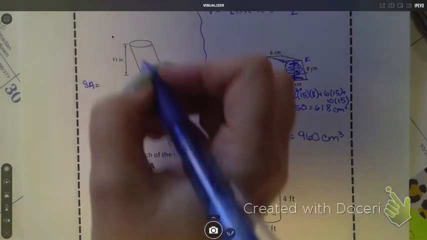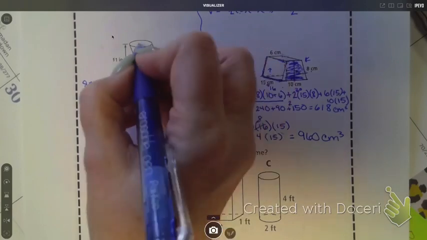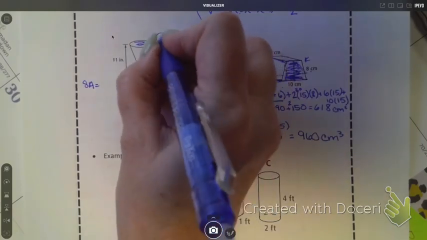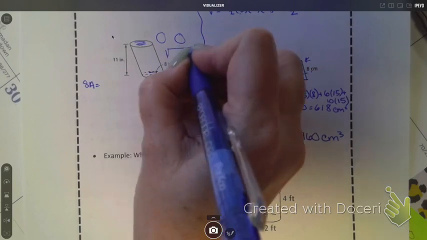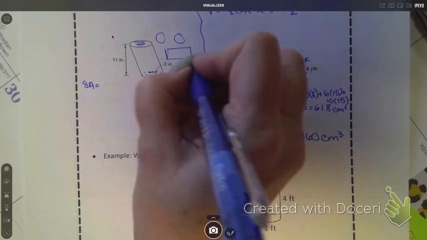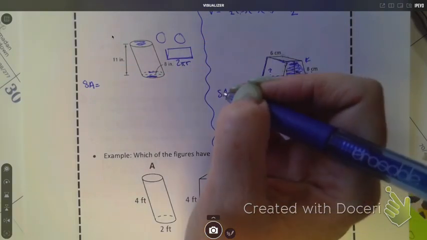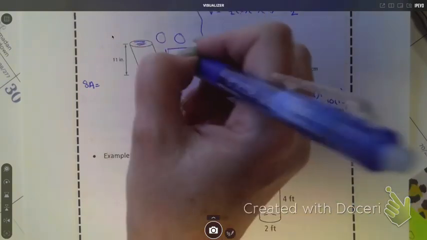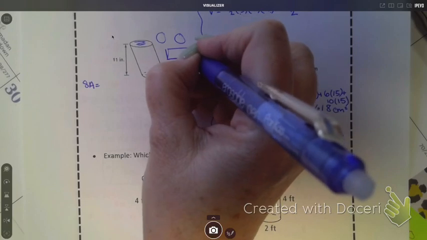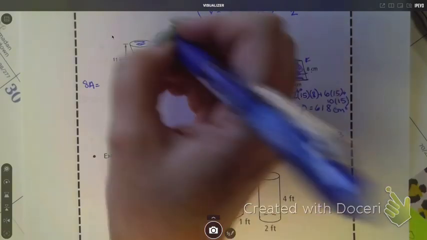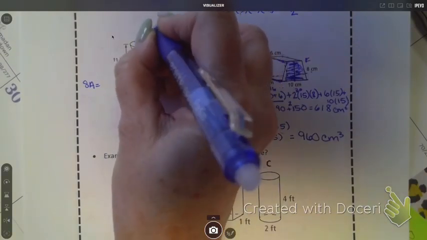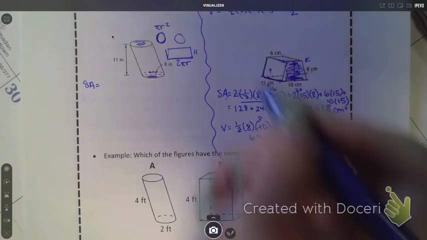So I have 2 circles and a rectangle. And remember, my rectangle length is 2 pi r. And this is my height, which would be 11, right? And what's the area of a circle? Pi r squared.